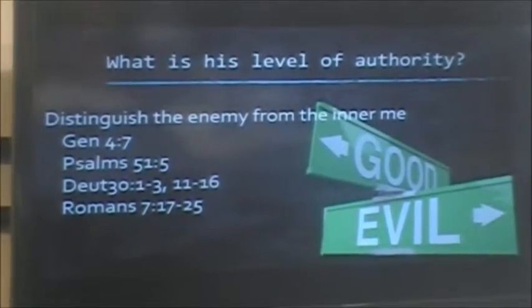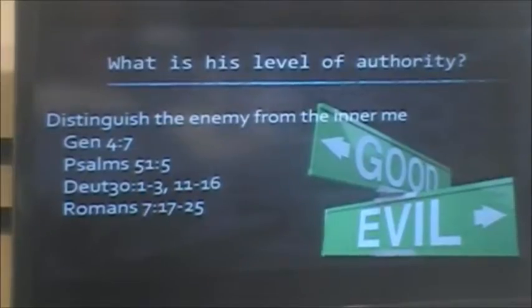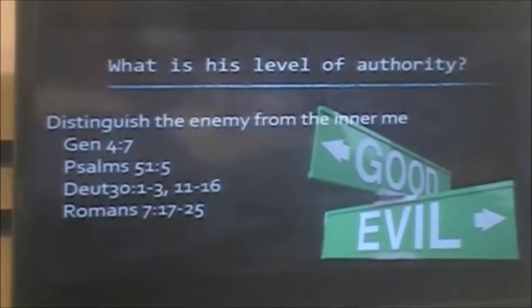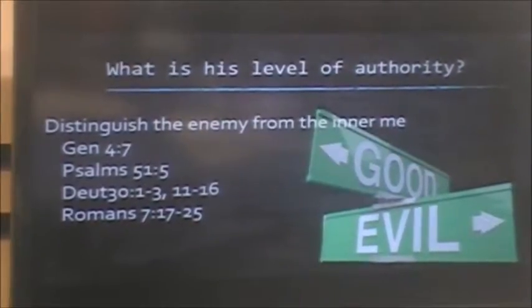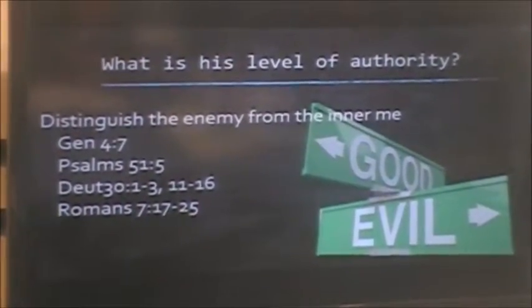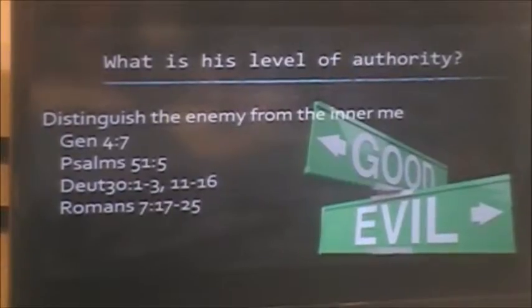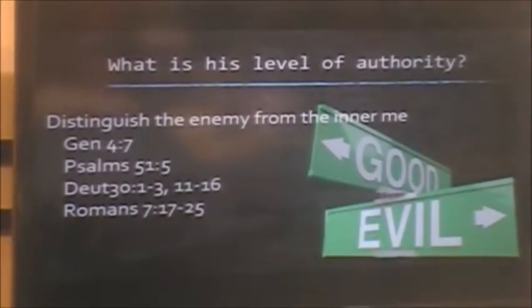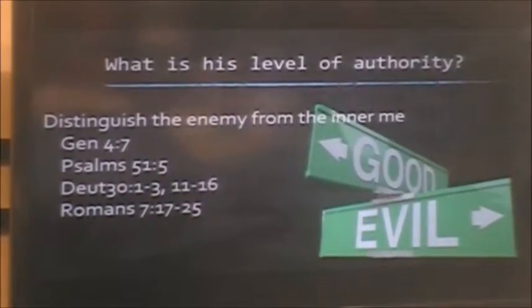Every time something bad happens, that was the devil. If I think something bad, it's the devil. If I do something bad, it's the devil. Therefore, I have no reason to look inside of myself. Therefore, I have no reason to correct me. I have no reason to do what we're about to read in Genesis 4 and 7. Let's go there.